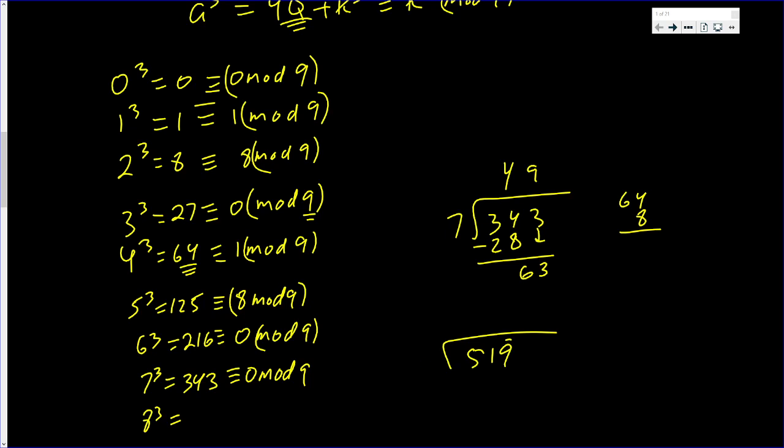How many times does 9 go in there? Well, it goes into 51 5 times, that's 45, with 6 as a remainder. And 9 times 7 is 63. From 69 leaves a remainder of 6.